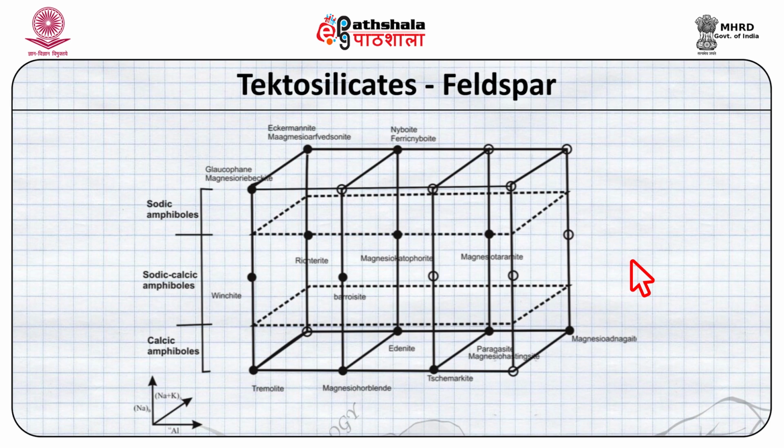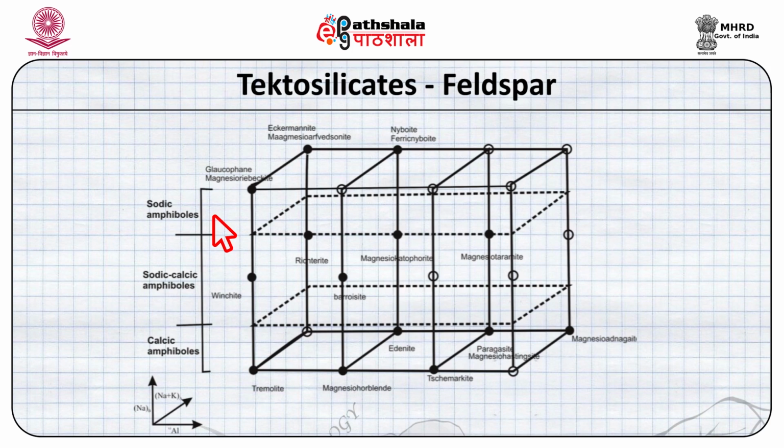In this diagram, you see a generalized classification of amphiboles, which is a 3-axis classification. In these 3 axes, one axis is aluminium, the other axis is sodium, and the third axis is sodium plus potassium. And you see that many variants of amphiboles are present. For example, along the vertical axis, the lowermost part is calcic amphibole, the intermediate part is sodic-calcic amphibole, and the upper part is sodic amphiboles.